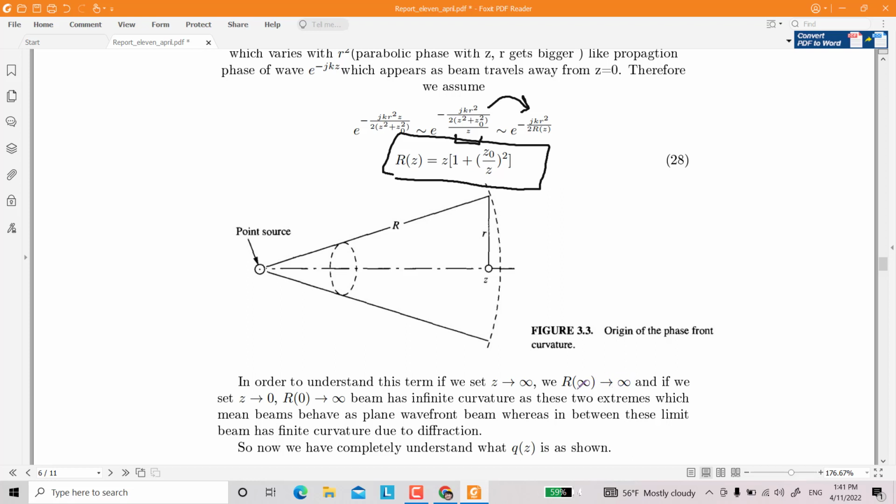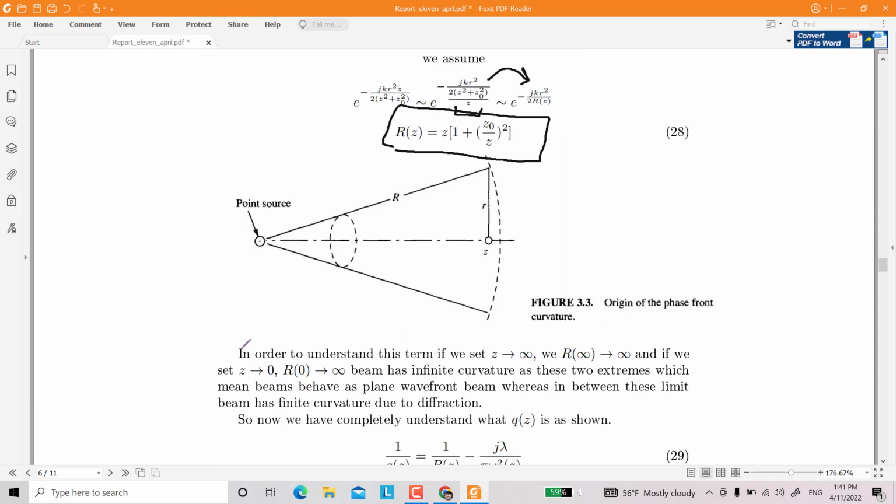That means it is something which goes to infinity whenever z approaches infinity. And similarly, even if z is equal to 0, means at the beam waist, R of z is infinity.